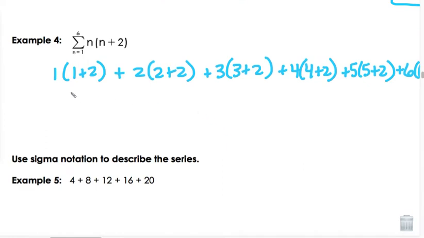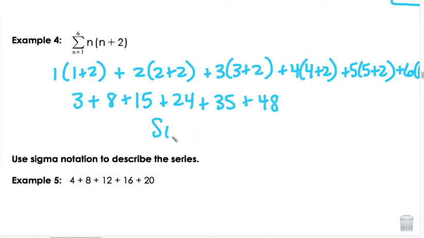Okay, and I'm going to go ahead and write 3 plus 8 plus 15 plus 24 plus 35 plus 48 to give me S sub 6 as a sum of 133. That is how we take sigma notation, rewrite it in expanded form, and find the sum.